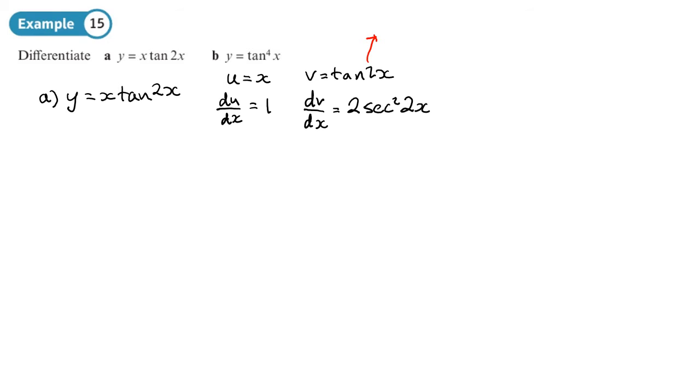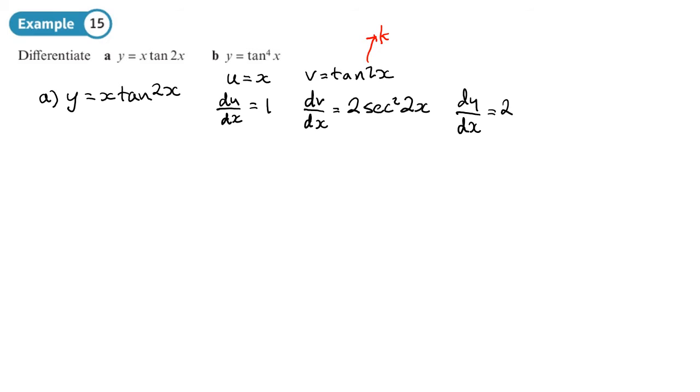I should do that k a bit better. So it's like the k here, and that's how we would apply it: 2 sec squared 2x. Right, so now we can just stick everything in the product rule. Because there's a plus between the two parts of the product rule, it doesn't matter what order you do it in, but I'm going to start with u times dv/dx.